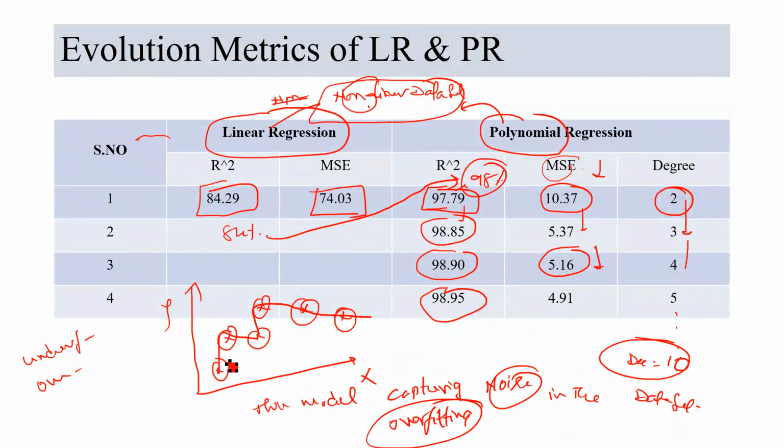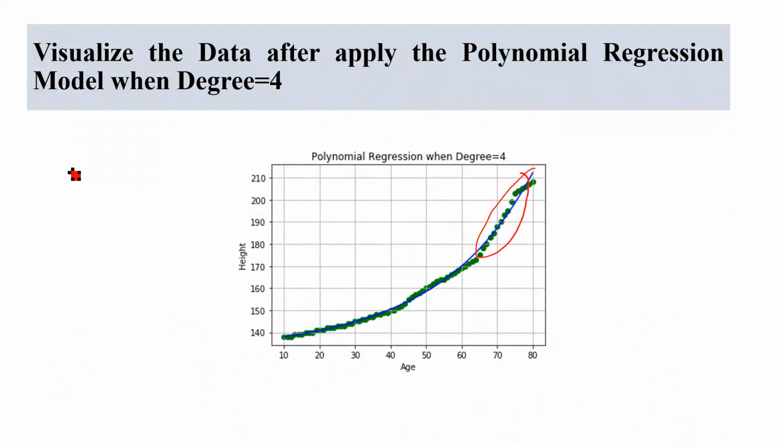So in upcoming videos I will explain overfitting and underfitting in detail. Don't bother about this now. Suppose in linear regression, y is equal to mx plus b, y is equal to mx plus b.